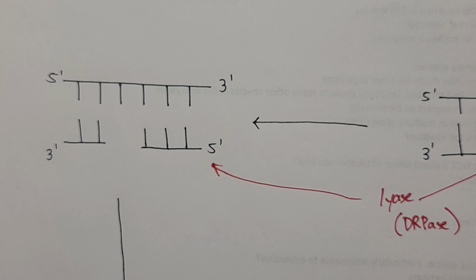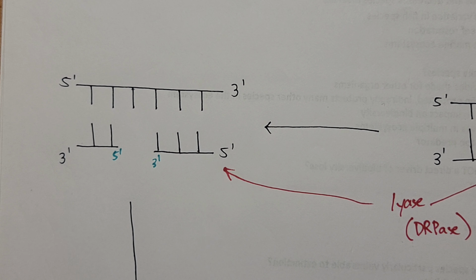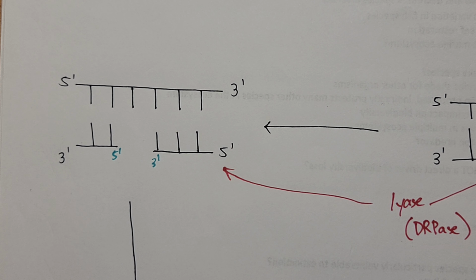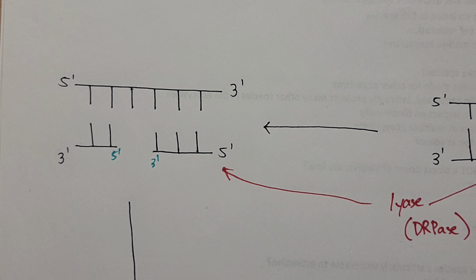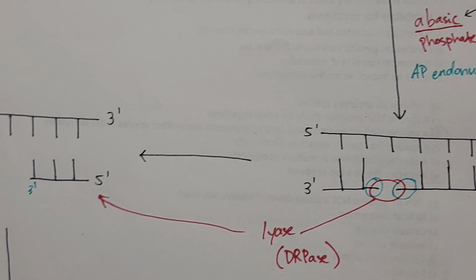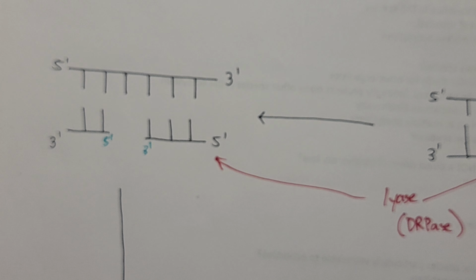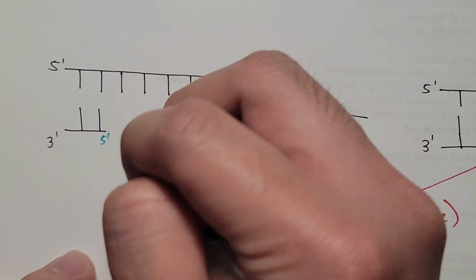Once you have this, think of this as your new 3' end, and this is your new 5' end over here. Remember, in DNA replication, DNA polymerase can only add on the 3' end. So in this part, everything was done. Every type of enzyme was already called. The only thing that was missing is the DNA polymerase.